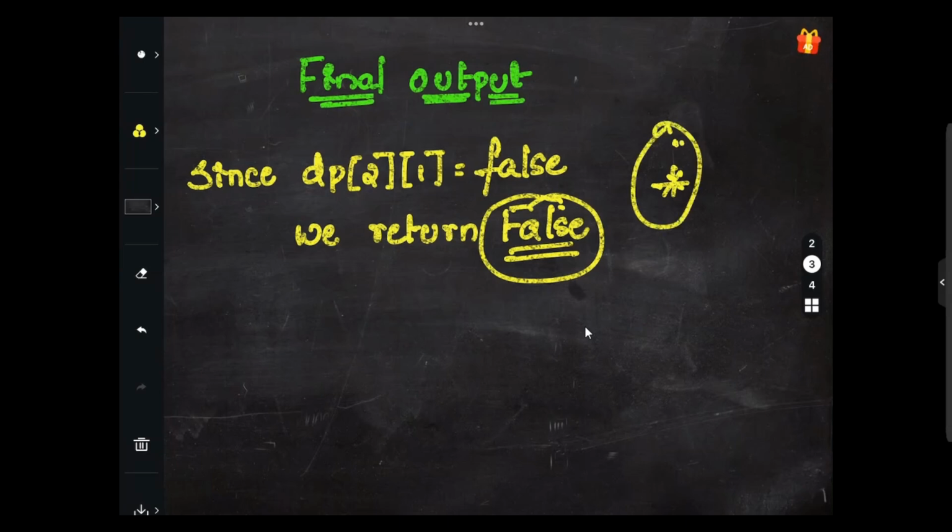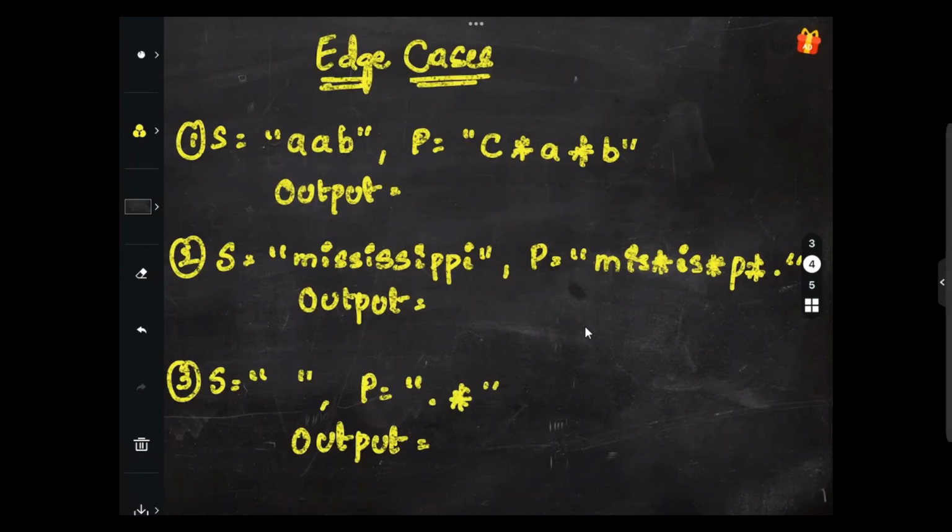We should keep this in mind, and let's also discuss some edge cases so that it will be easier to write the code. The first edge case is s equals a a b and p equals c star a star b. In this case it will be true, because we have star here.